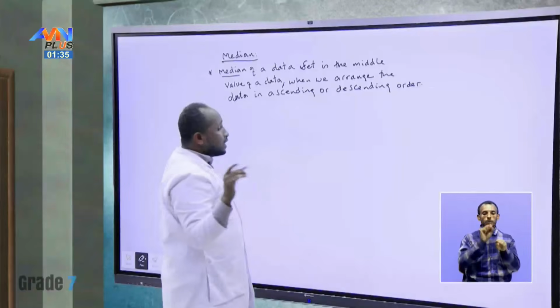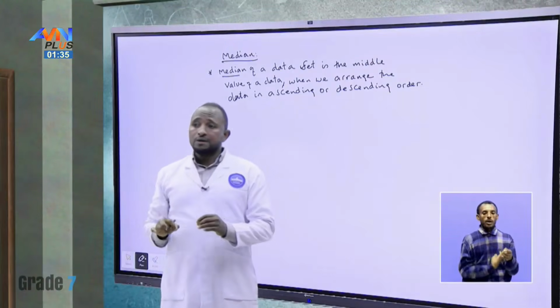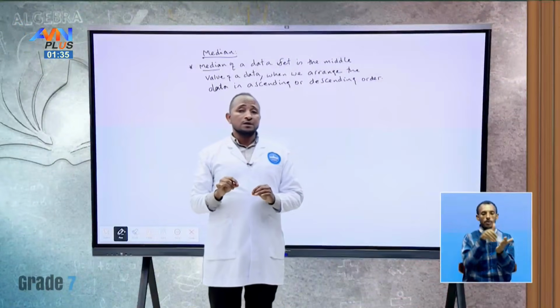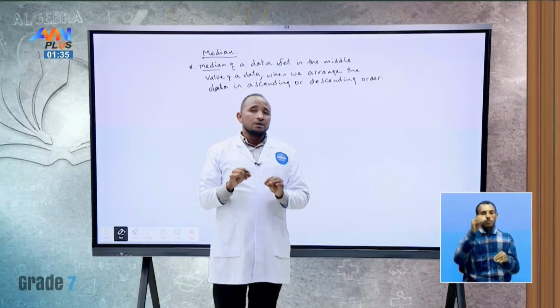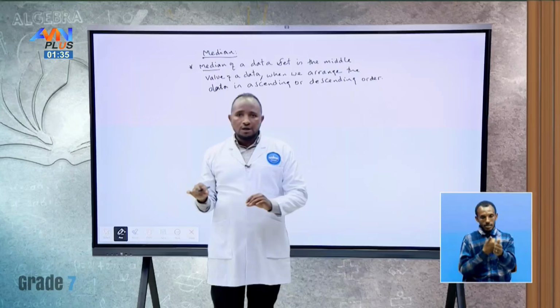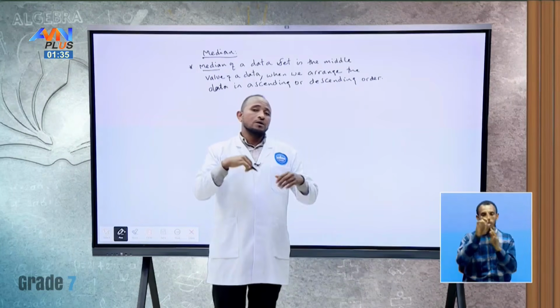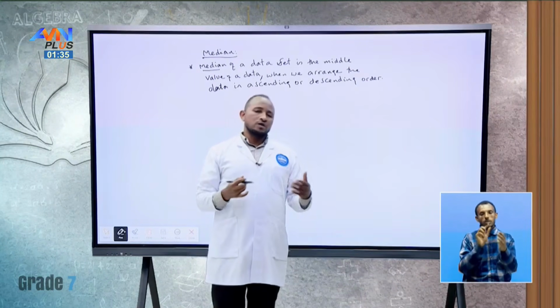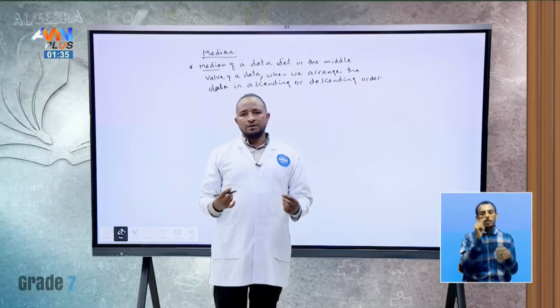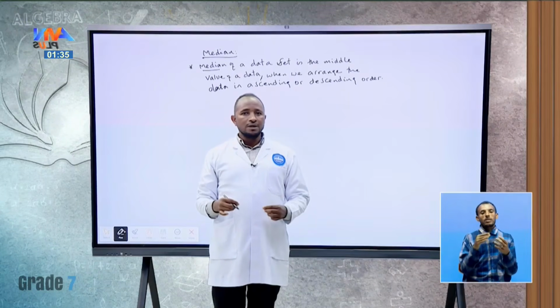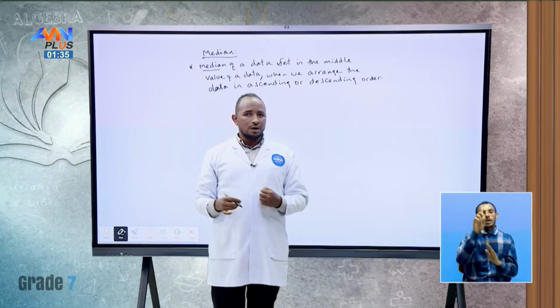So, when we calculate the median of a given data set, don't forget to arrange the given data set in ascending or descending order. Most of the time, I prefer to order the data set in ascending order. Now we'll see this through an example.